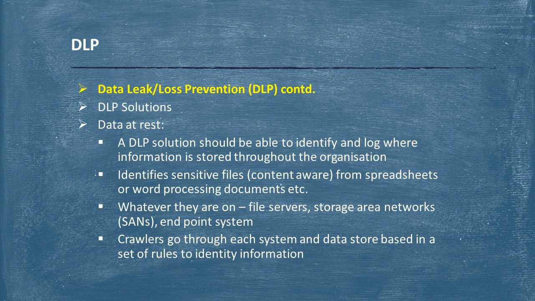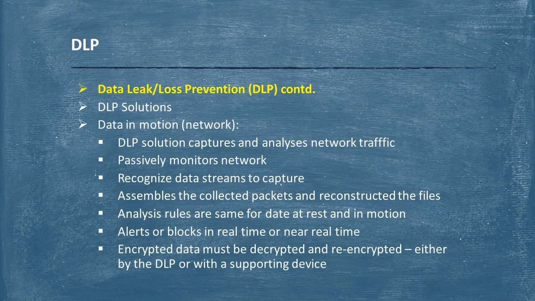The data owner might have given information on how to identify sensitive data. Based on that, the rules are created, and the crawler uses these rules to first list all the data and then finally arrive at the sensitive data.